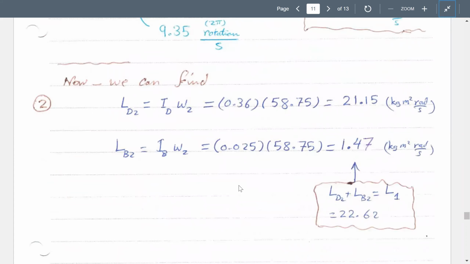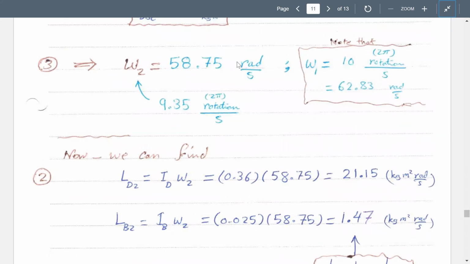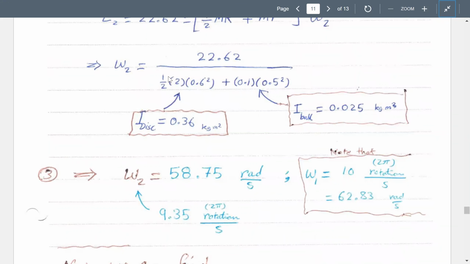Now we can find the angular momentum for the disk and the angular momentum for the ball after the collision. We need just to use the final angular velocity, 58.75, multiplied by the moment of inertia for each one of them. The moment of inertia for the disk is this.